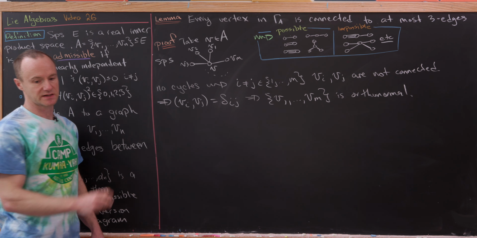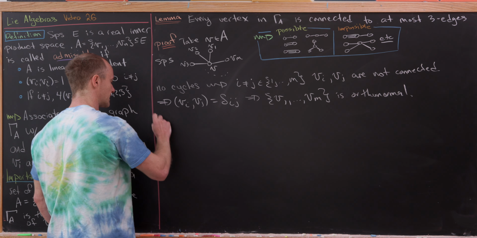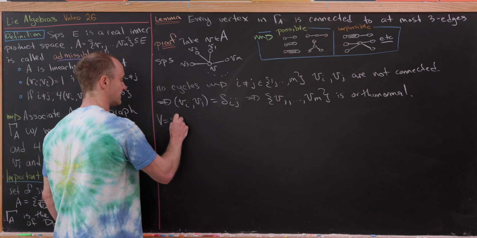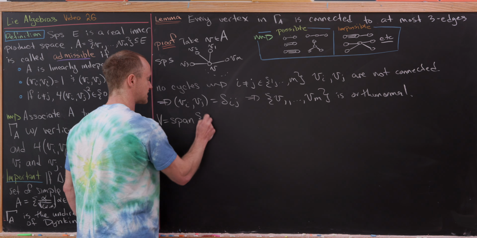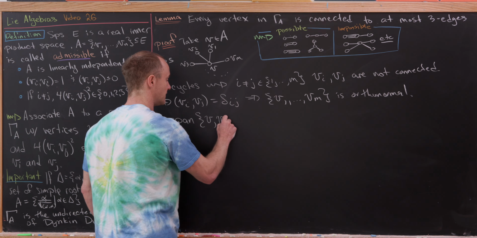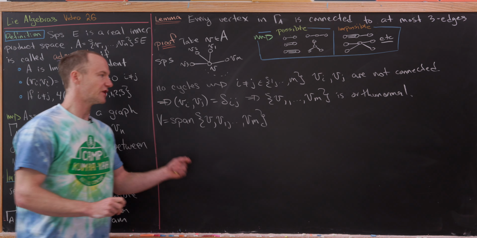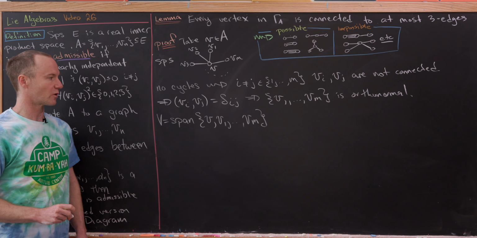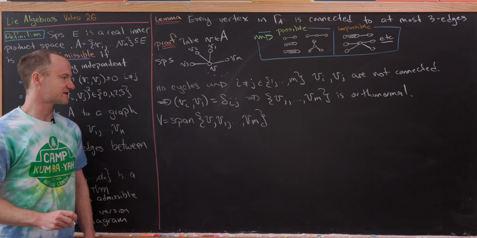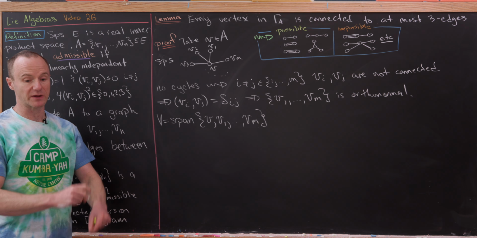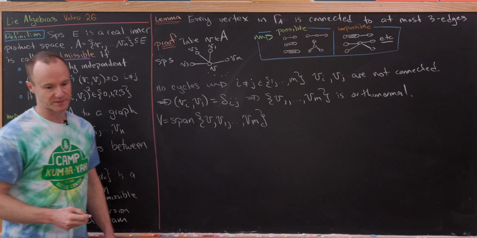Okay, nice. And now what I'll do from there is take capital V, so this is going to be a vector space, to be the span of V, V1 up to Vm. So we know V1 through Vm is orthonormal, so we're adding this vector on right here that is building this into a bigger vector space.